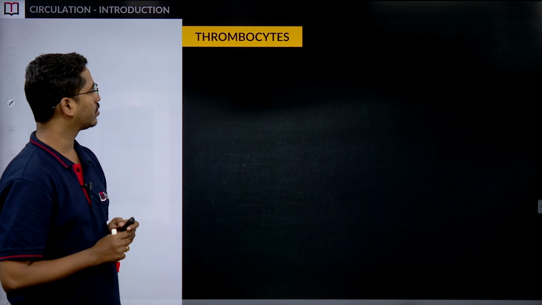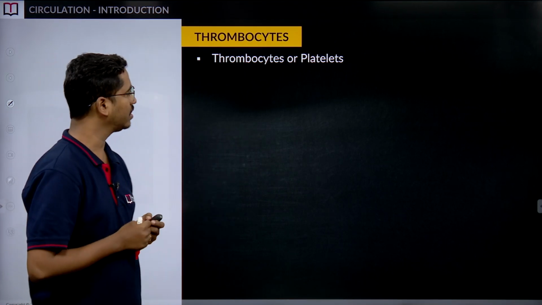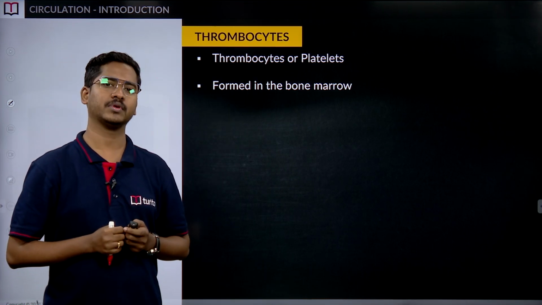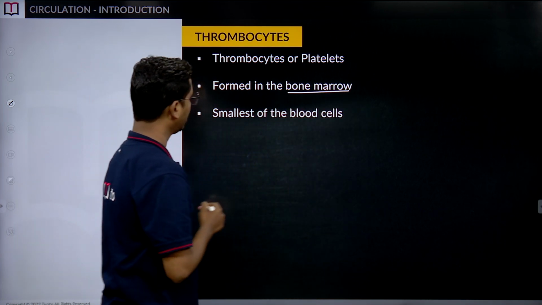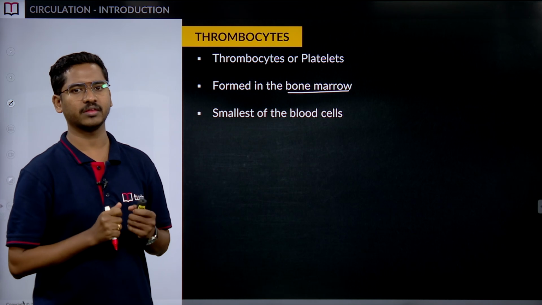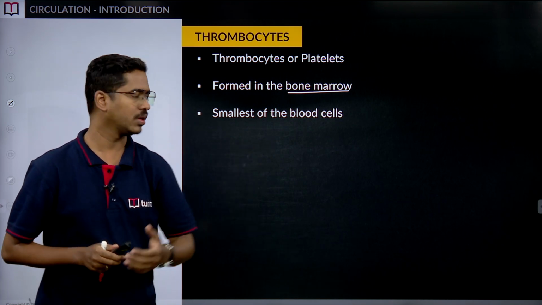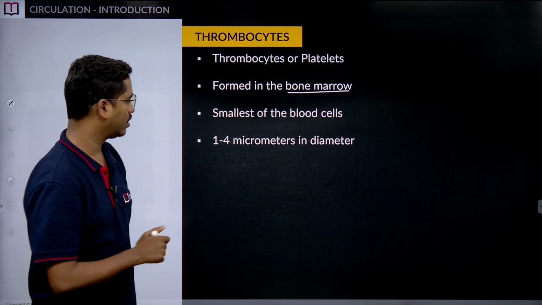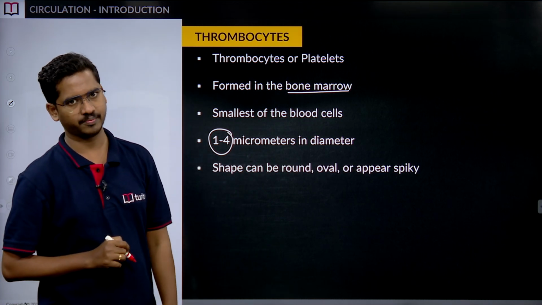Now, let us see about thrombocytes, which are the last part of our understanding. Thrombocytes are commonly called platelets. They are again formed in the bone marrow, the smallest among the blood cells. We have 3 types of blood cells, and among them platelets or thrombocytes are the smallest ones, with a diameter of 1 to 4 micrometers.